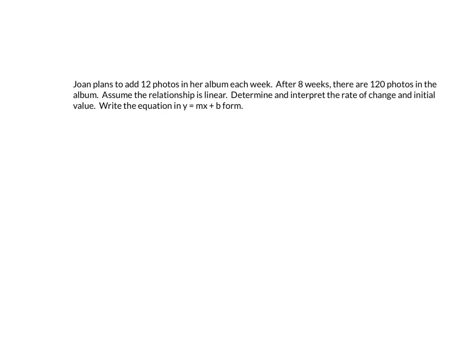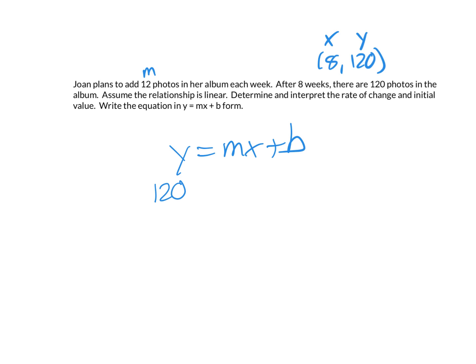So the second way that we can solve this is just to plug everything into y equals mx plus b. So let's review. We know that 12 is the m, and we know that 8, 120 is a point, and that this is an x, and that is a y. So if I've got y equals mx plus b, I can put 120 in for y.